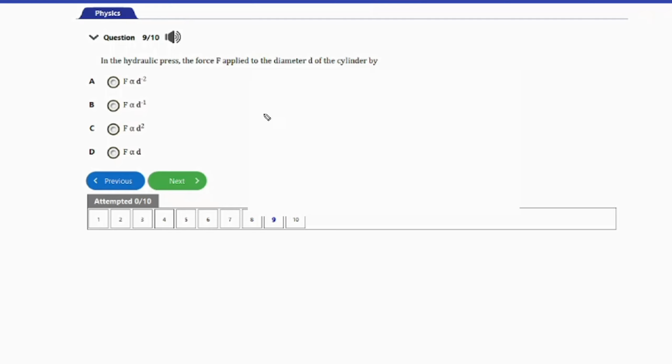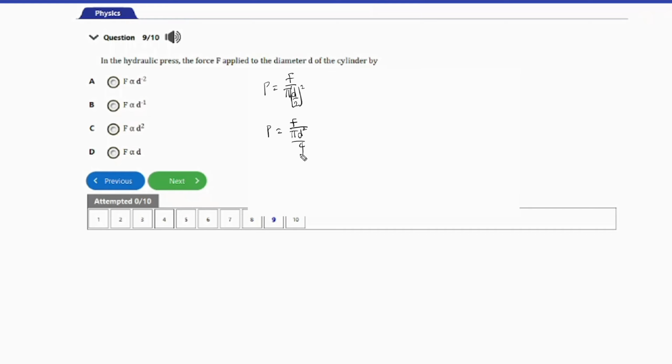So in a hydraulic press pump, we are going to have that pressure is equal to F over pi d over 2 all squared. So it's just meant to be pi r squared, right? But r is d over 2, so pi d over 2 squared. So if we express this again, we are going to have that P is equal to F over pi d squared over 4, right?